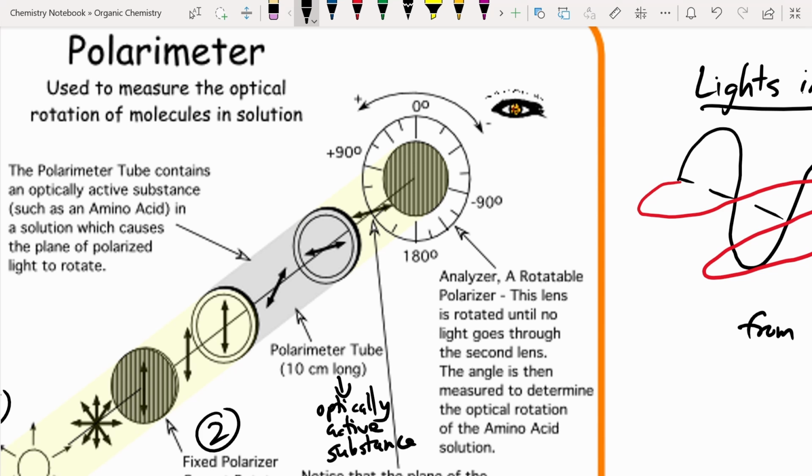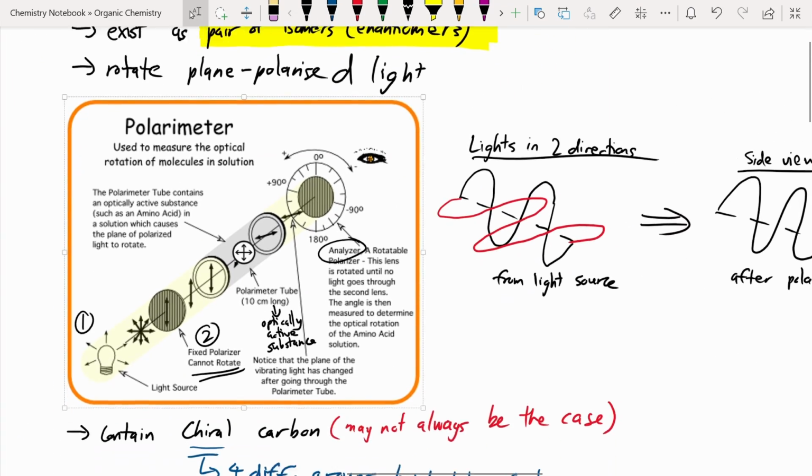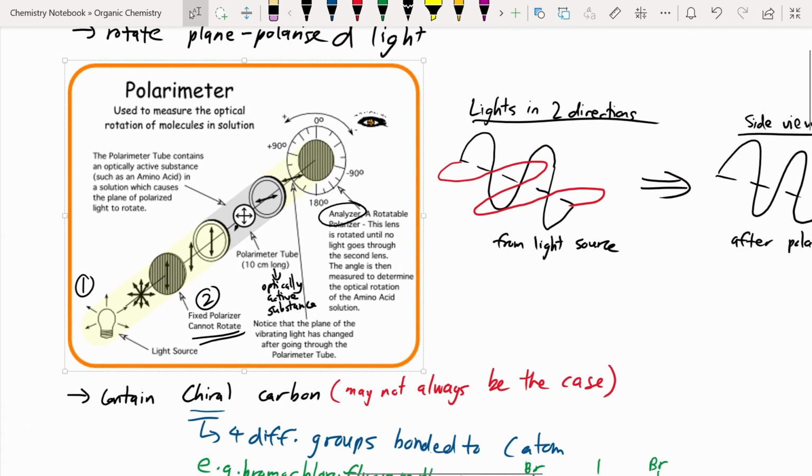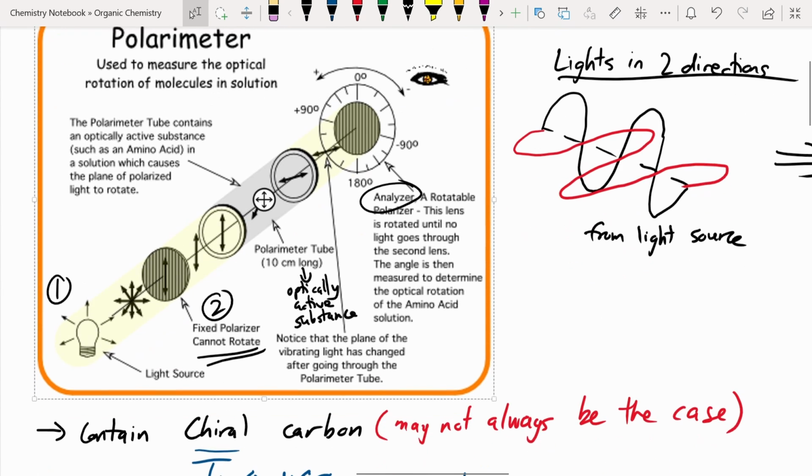It will be shown in this analyzer. Okay, that's all you need to know for plane polarized light. You do not need to memorize this. You just need to know that it rotates plane polarized light.